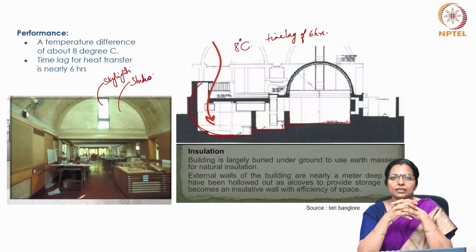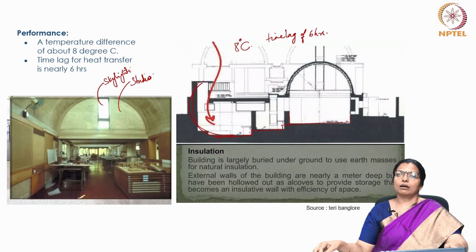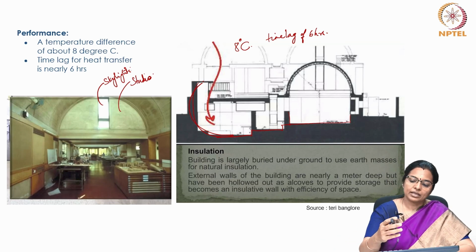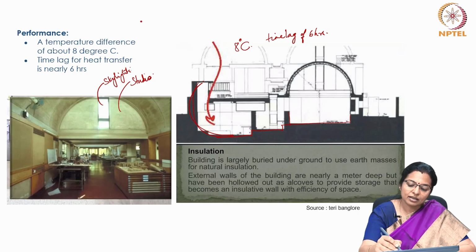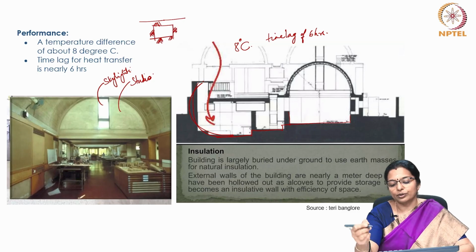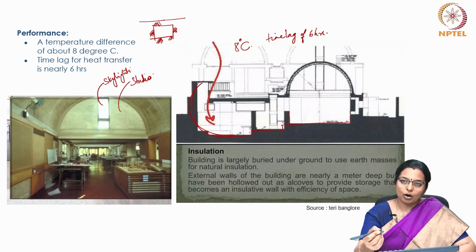To summarize, we saw that earth shelterings are of two types primarily. The first type is the underground type, where the entire structure is buried inside the earth, and due to that the structure remains insulated from the outside.